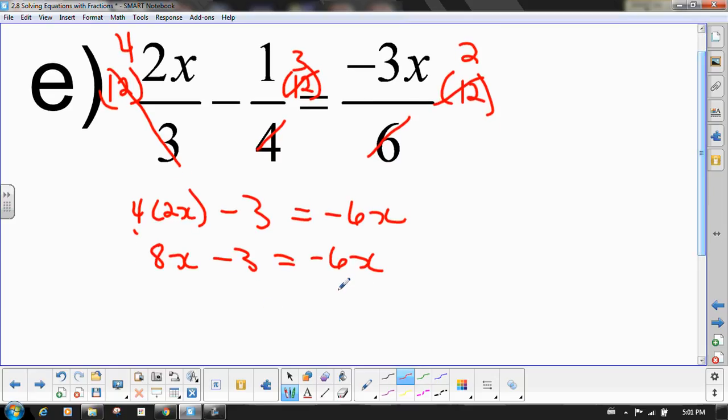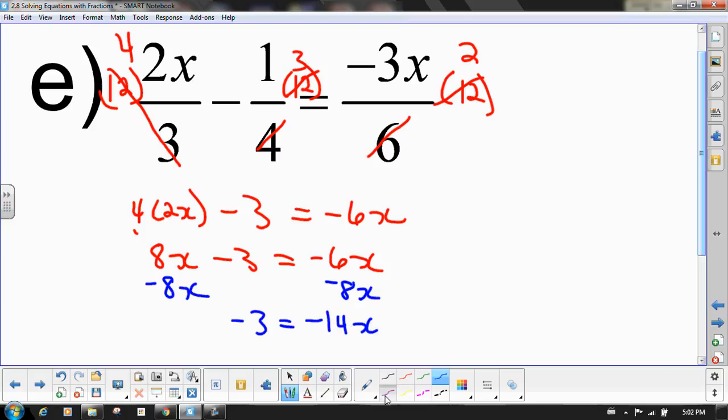In this case, it doesn't make any sense to bring that negative 6x that's all by itself over to the left side because we want to get all of our x's together. So I'm going to bring the 8x to the other side. And then that's going to leave me with negative 3 equals negative 14x.